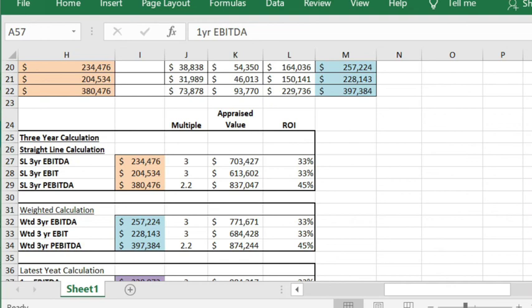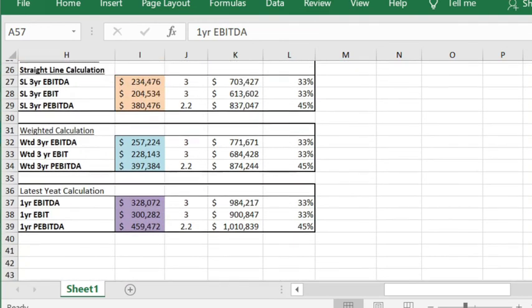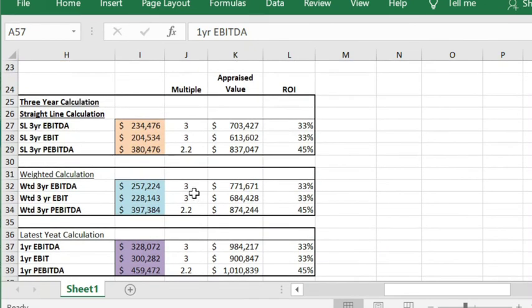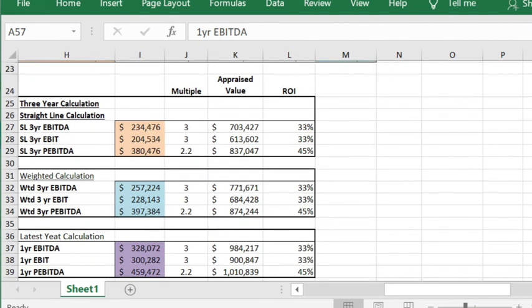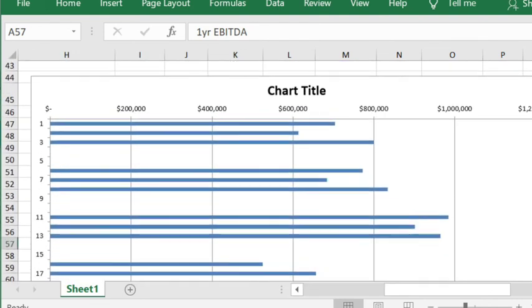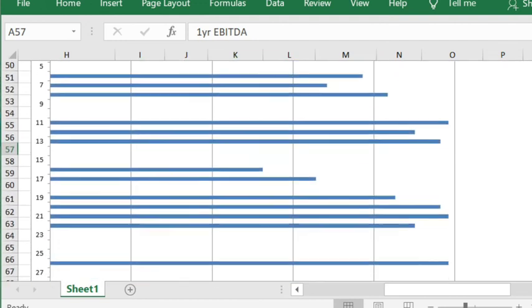We've looked at it with a 3-year straight line, a weighted average, or a last year calculation, and we've looked at it with various multiples based on our EBITDA, and we've come up with a bunch of different possible valuations arrived at in a multiple of different ways. Then the easiest thing to do, and what we did, was just to stick it on a chart that we can look at really clearly to see where they all fell.